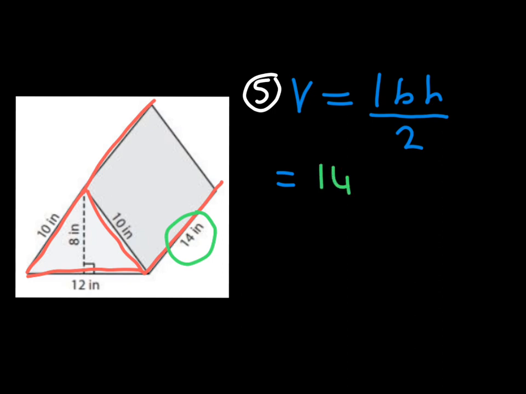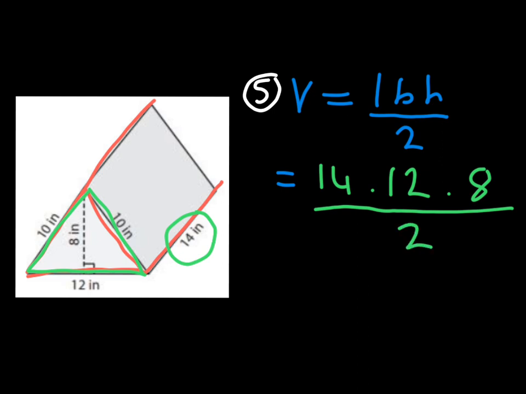Now the base and the height refer to the base and the height of this triangle over here. So if we have a look at the triangle, we see that the base is 12 and the height of this triangle is given to be 8. And we divide all of that by 2.